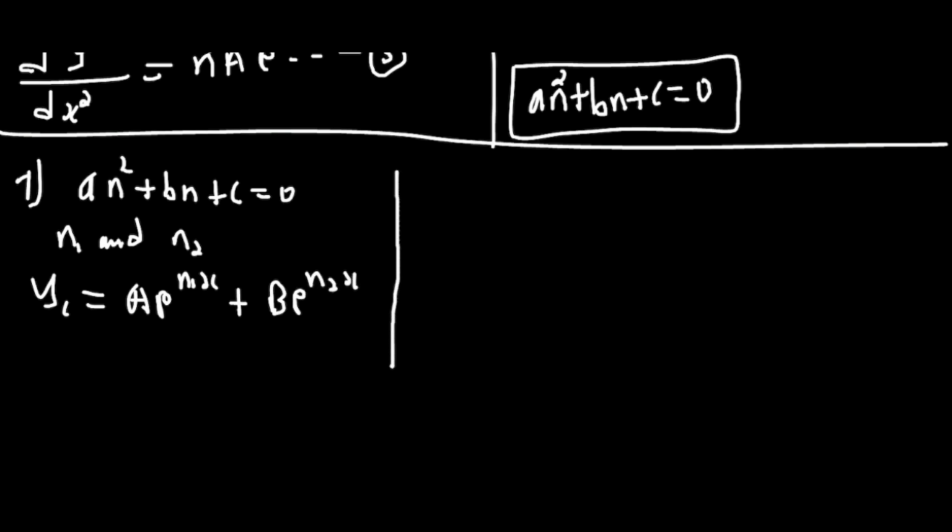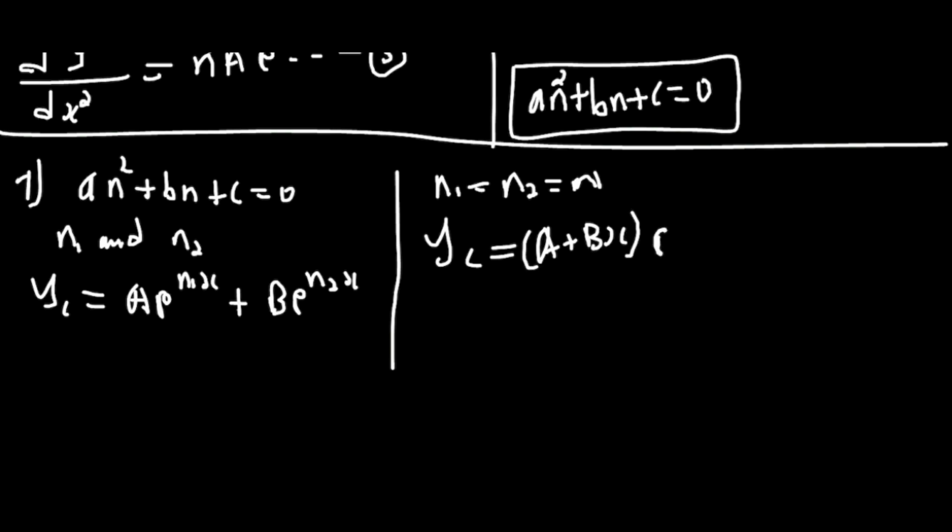Now, if we solve this and we see that our characteristic equation is having 2 equal roots, and we name it to be n, then our complementary solution in that case will simply be a plus bx, e to the nx.